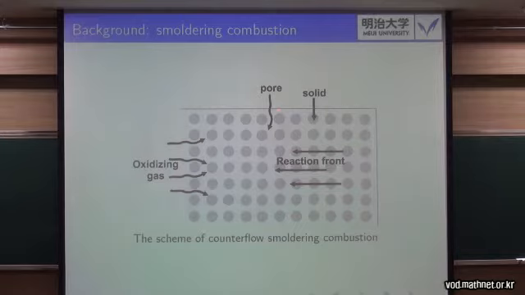So in this setting, counterflow means that we have the flow of an oxidizer gas from one end, and this material is ignited from the other end. So what happens is that in this setting, the flow of the oxidizer moves opposite to the direction of reaction propagation.